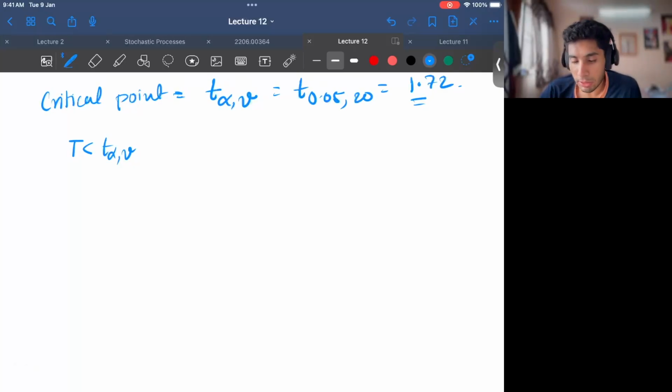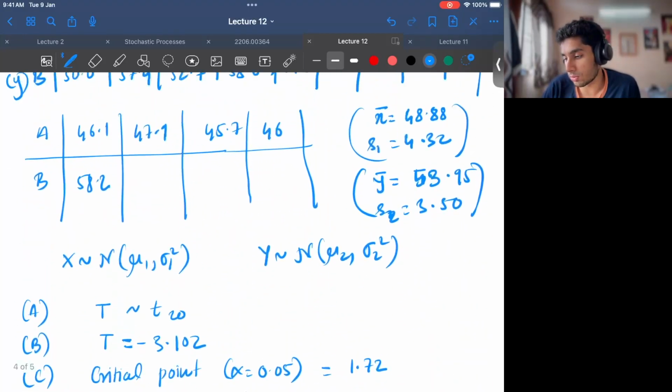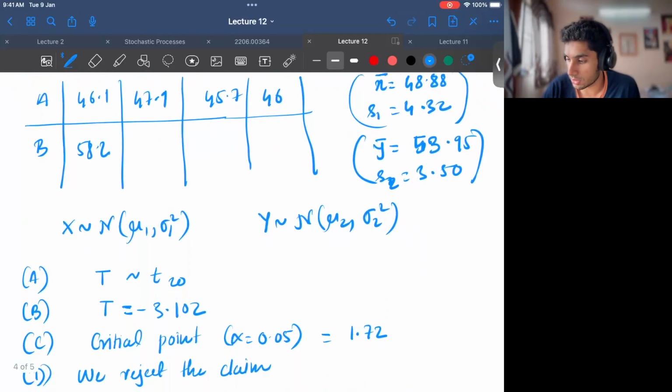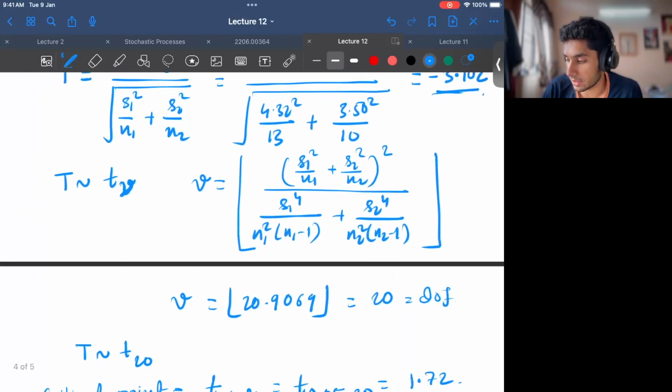So if the critical point is positive and the test statistic is less than your critical point, then this implies that we do not reject H naught. So we accept H naught. What was H naught? H naught was the original claim. So in this case, we will accept the claim of the company.